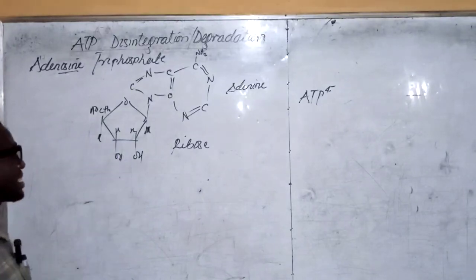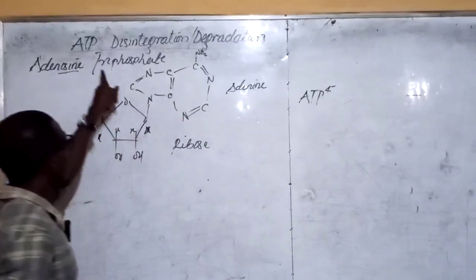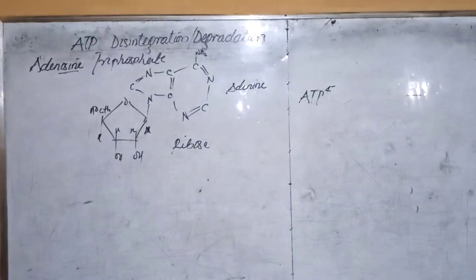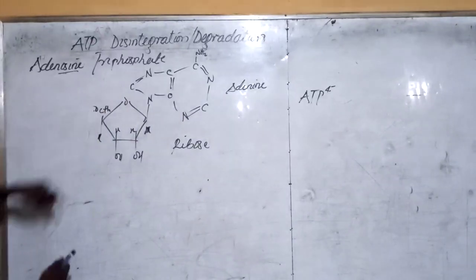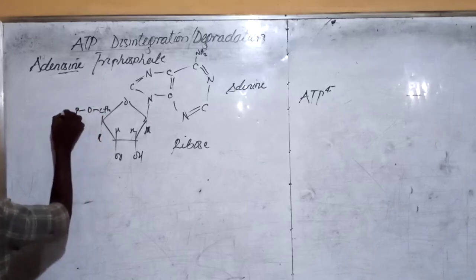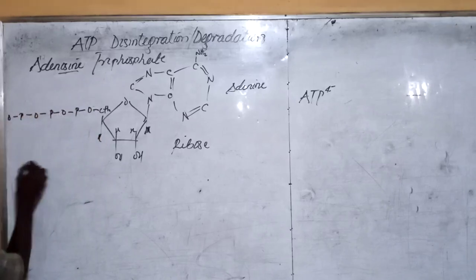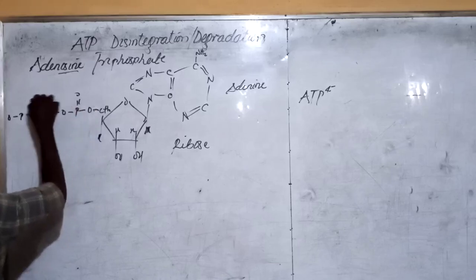So the combination of adenine and ribose is what gives rise to adenosine. Now, triphosphate comes from when this has attached to it 3 phosphate groups. So you're going to have a phosphate group, another phosphate group, another phosphate group. So we have something like this.